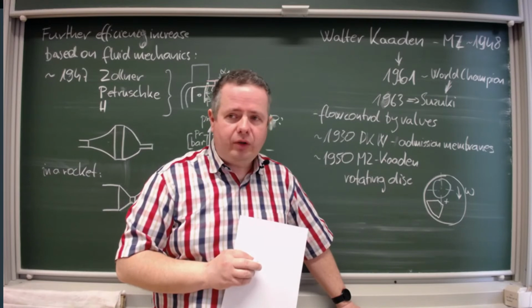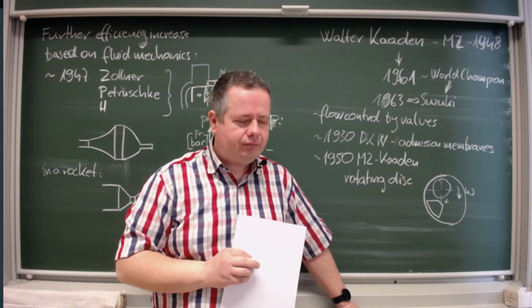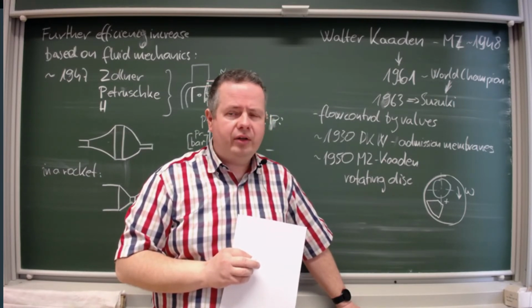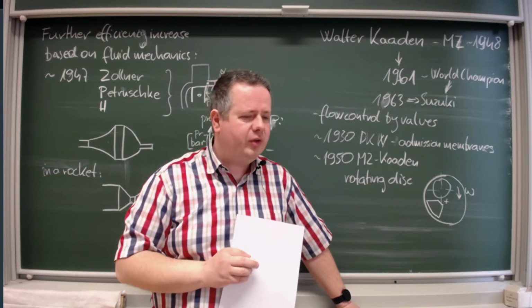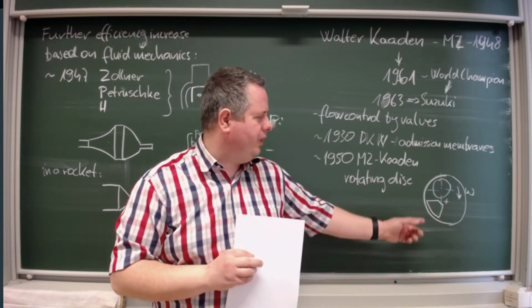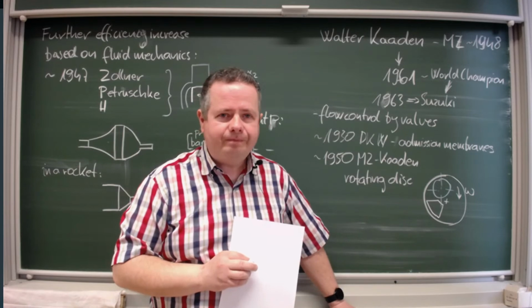Again, it was a big invention in the 50s. If you know the car called Trabant, it's a two-stroke car of Eastern Germany, quite a famous one. It had this kind of admission control. Okay?